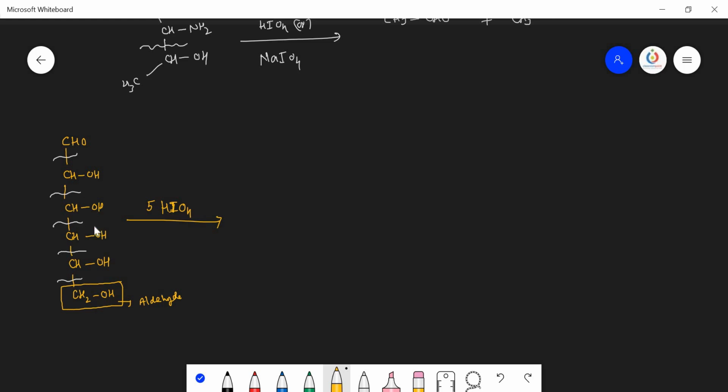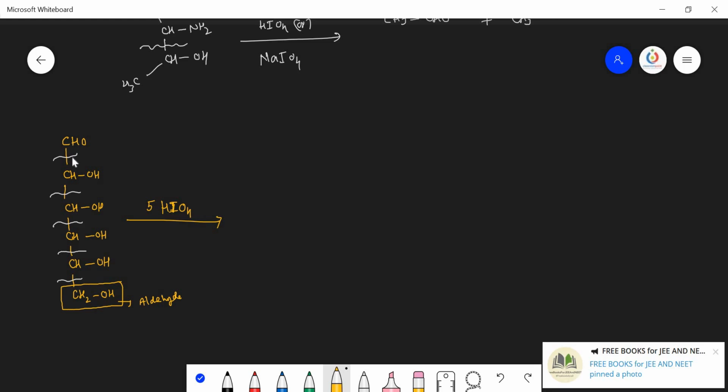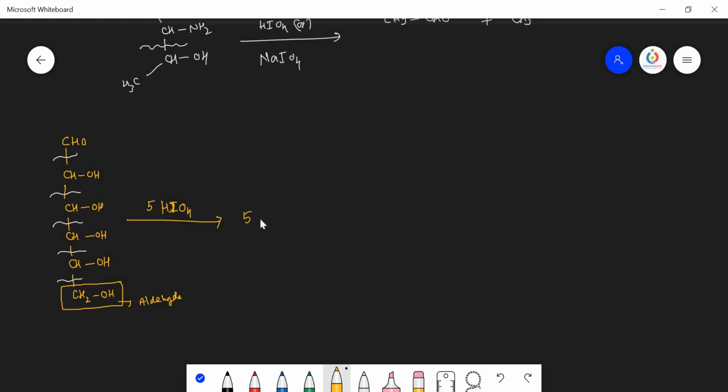So all these 1, 2, 3, 4 are converted to the carboxylic acid, and the aldehyde group is broken on the one side. So this also will be converted to the carboxylic acid. So totally 5 carboxylic acid molecules will be obtained. So 5 HCOOH formic acid molecules, and the aldehyde is from here, HCHO formaldehyde.